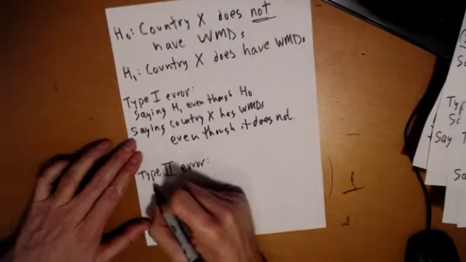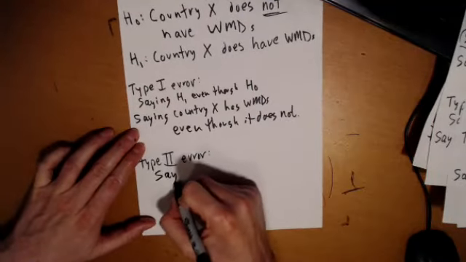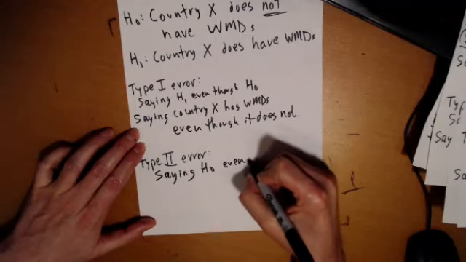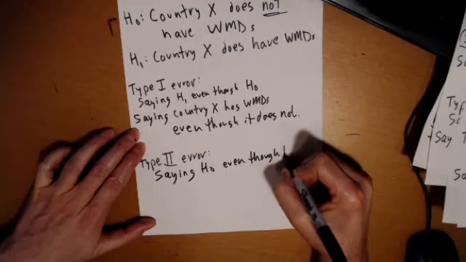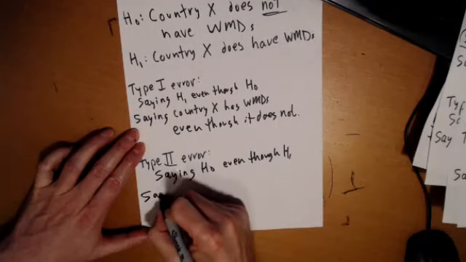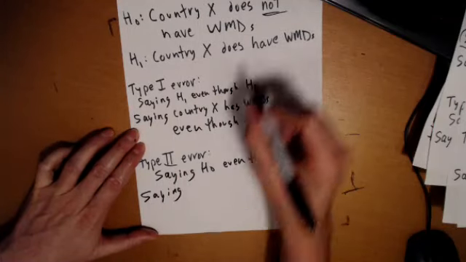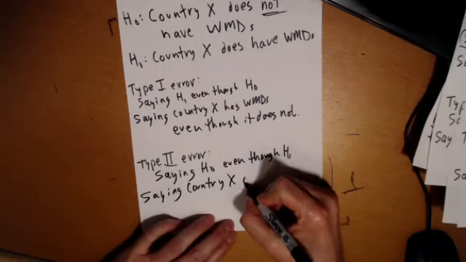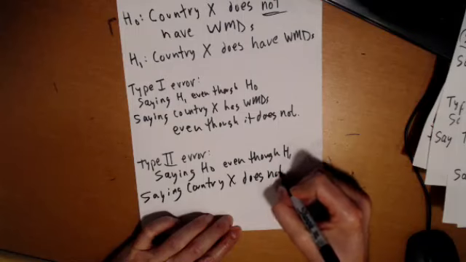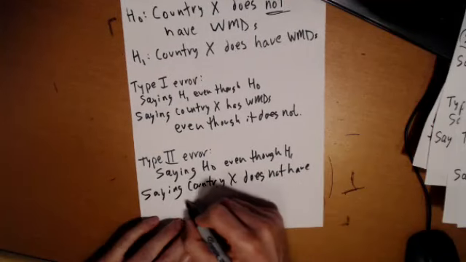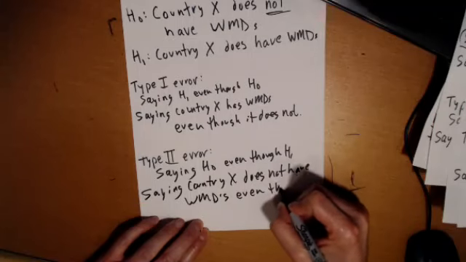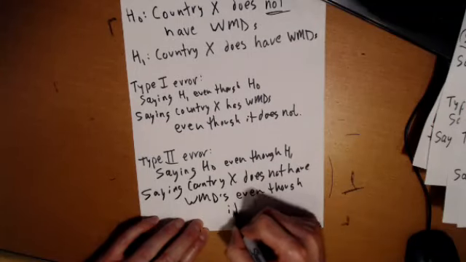And the type 2 error, a little shortcut, is saying H0, even though H1. So that would be saying country X does not have WMDs, even though it does.